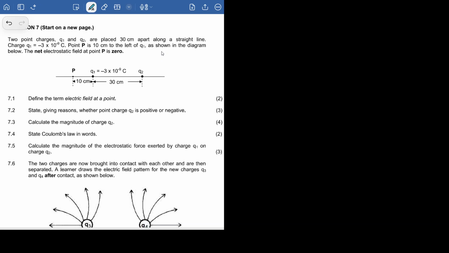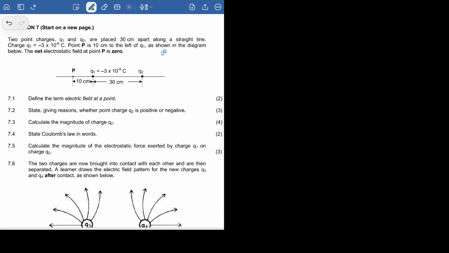Now, point P is 10 centimeters to the left of Q1, as shown in the diagram below. Now, the net electrostatic field at point P is 0. So we do know the net electrostatic field at P is 0.